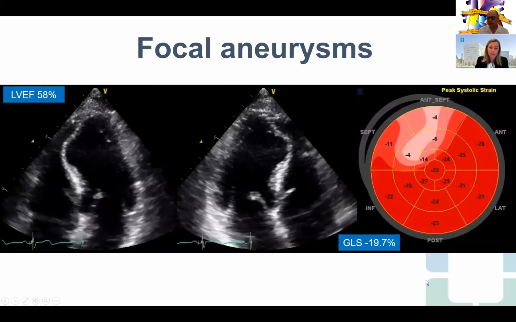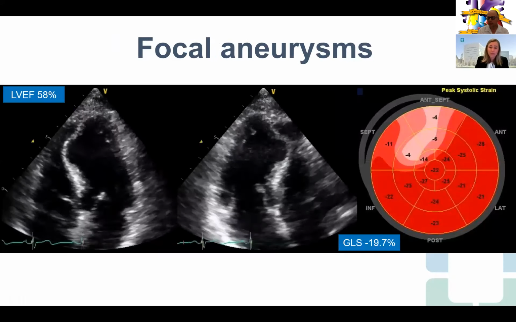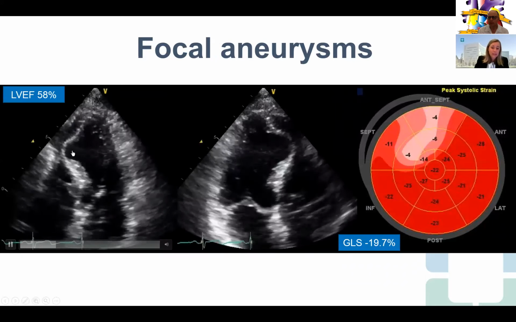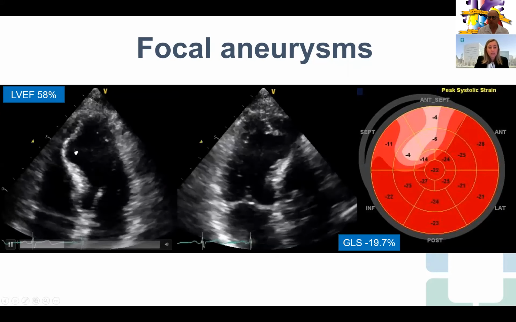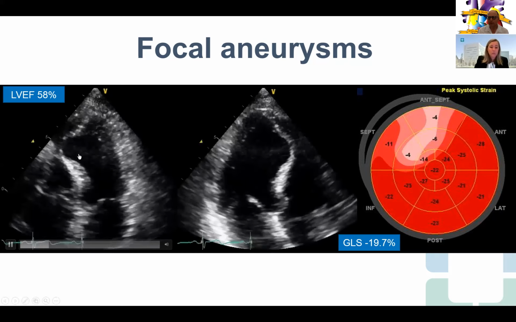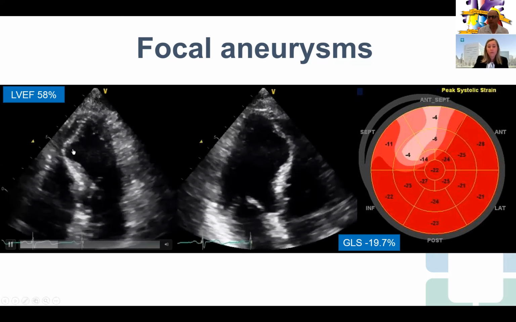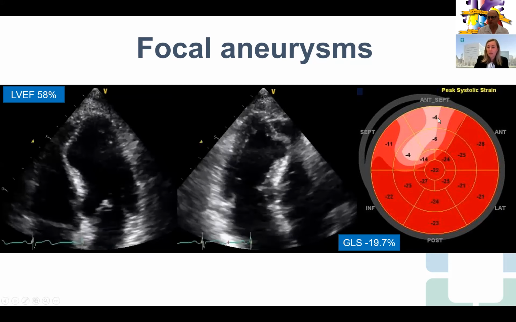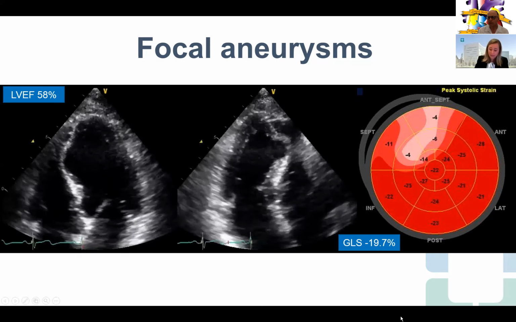And perhaps my favorite example to show you here, where if you saw this echo image here with this thin bite-like aneurysm in the mid-inferoseptum, classically a non-coronary distribution. If you saw this in your echo lab, you would be very suspicious for cardiac sarcoidosis, despite the fact there's a normal ejection fraction corresponding here to impaired strain.